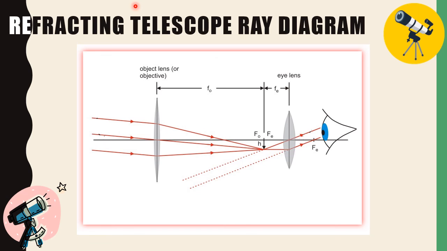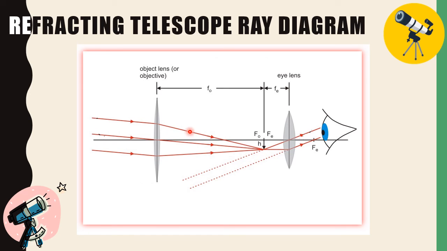For example, for a refracting telescope, the objective focal length, that is this FO, is 70 centimeter, and for the eyepiece, the focal length is 5 centimeter. Then its magnification is FO divided by FE, which is 70 divided by 5, and you get a magnification of 14. That is, you get a 14 times magnified image and you get a perception of a closer image.